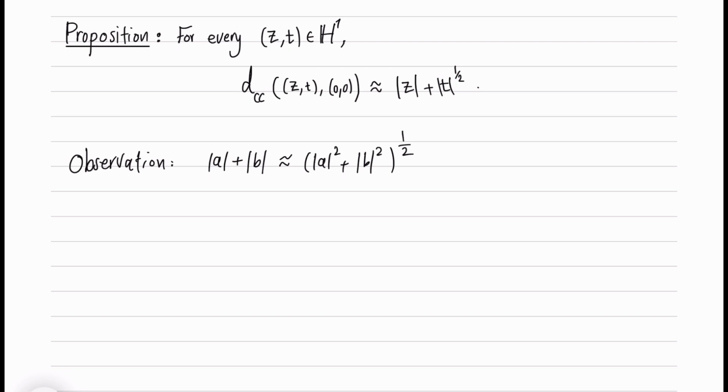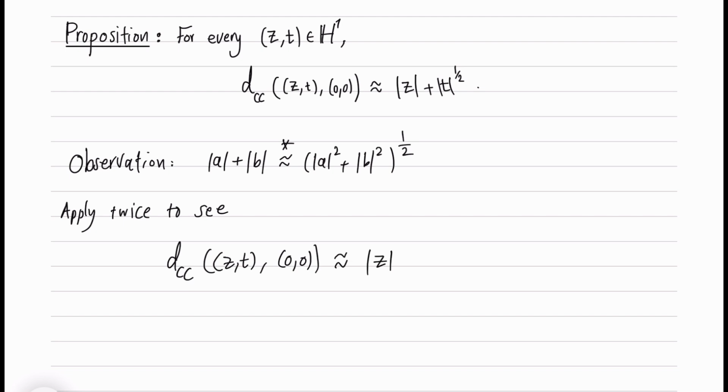So if I apply this twice to the above, I see that the Carnot distance of (z,t) to the origin, which is, by the way, the identity element of the group, is comparable to (|z|^4 plus t^2) to the power 1/4.